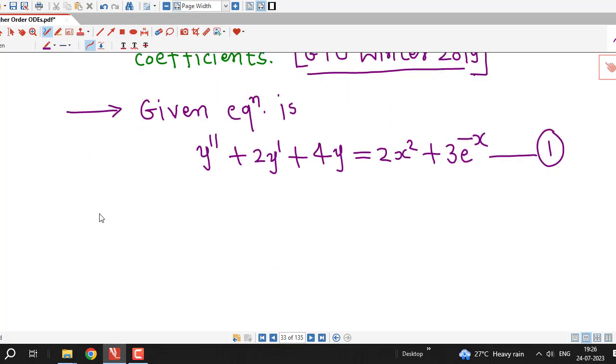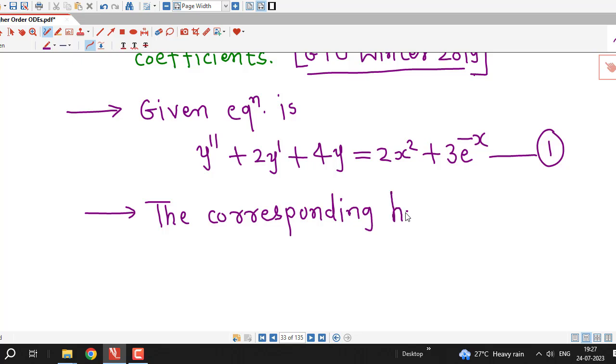To solve the non-homogeneous equation, we first find the general solution of the corresponding homogeneous equation. So first we solve the corresponding homogeneous equation by considering the right hand side equal to 0.